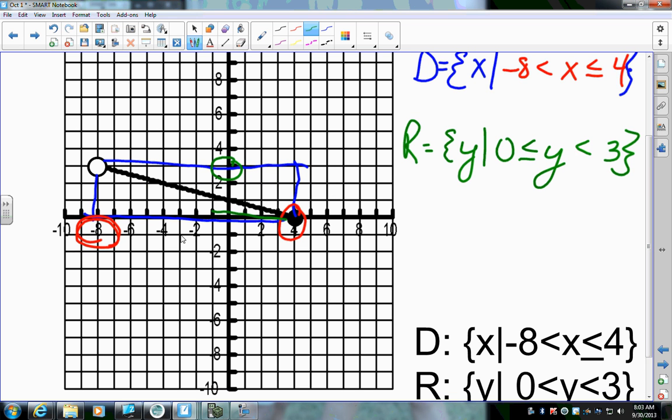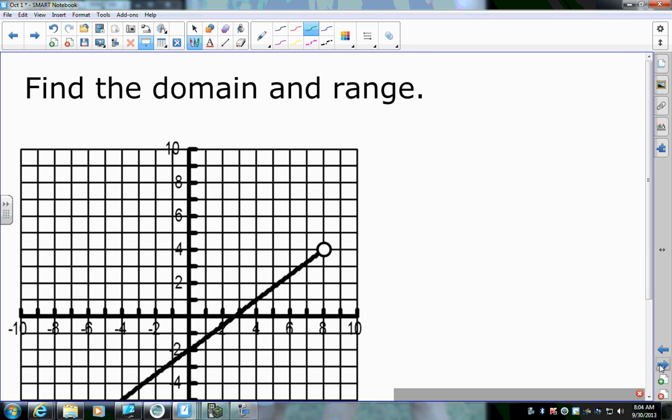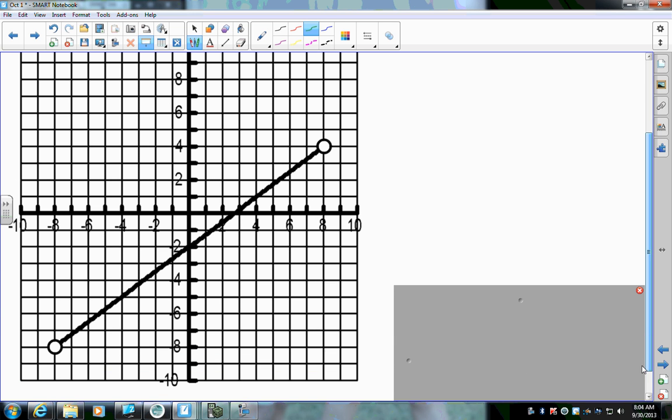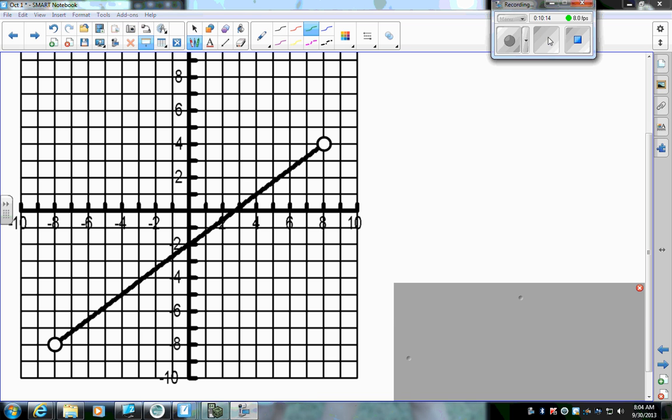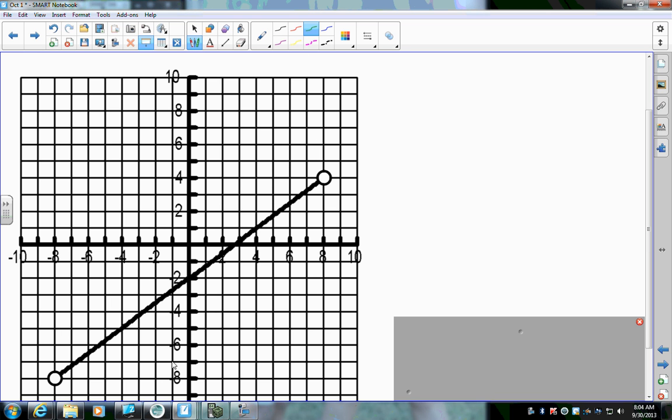Now, go to the next one on your paper. Here we go. And try and find your domain and range. I'm looking at this data. I'm going to try and write my domain and range. My domain, I know, is my x.